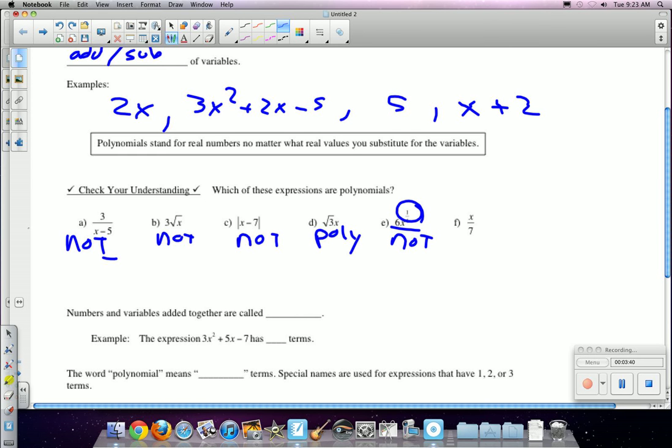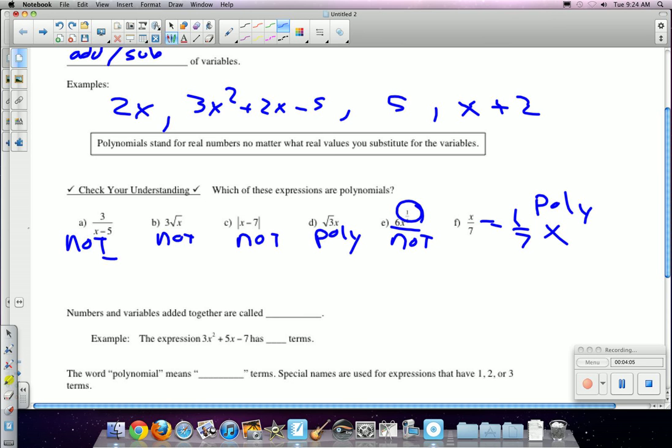And then how about this? This is the variable involved in the division. Well, the variable is being divided by, but we could rewrite that as 1/7 times x, right? So it's not the variable that's being divided. Okay. So this would be a polynomial.